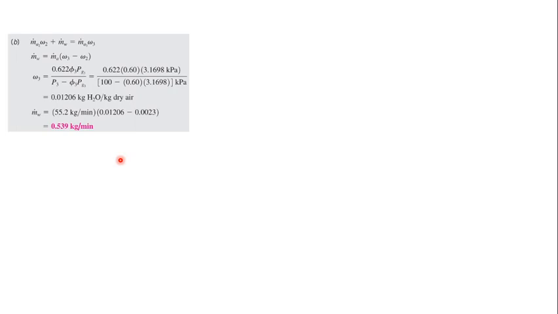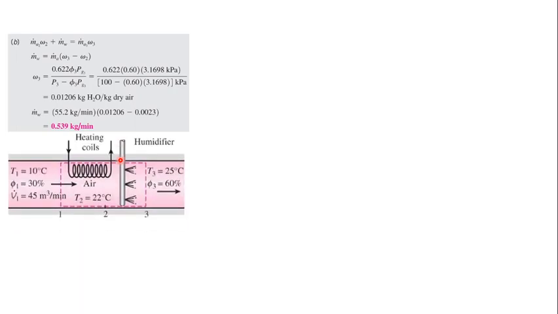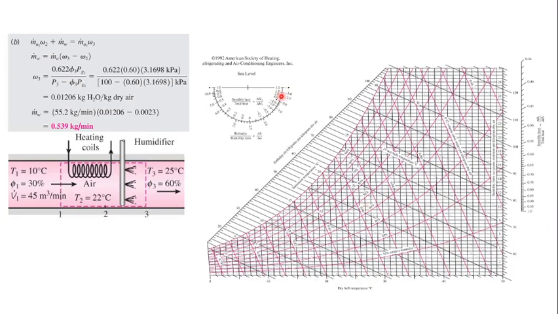Okay, so what I'm going to do right now is to look at the value of omega 1, which is equal to omega 2, the value of omega 3, and the values of H1, H2 to solve the amount of heat input to section 1 to 2, which is the heating section. Again, this is our section involved, and this is our psychrometric chart. So we plot T1 and Phi1. This is how we plot state 1, 10 degrees C, and then the Phi value, then we get state 1.